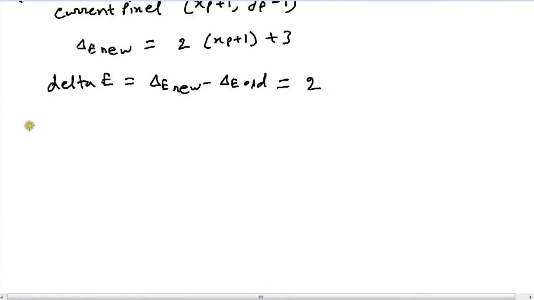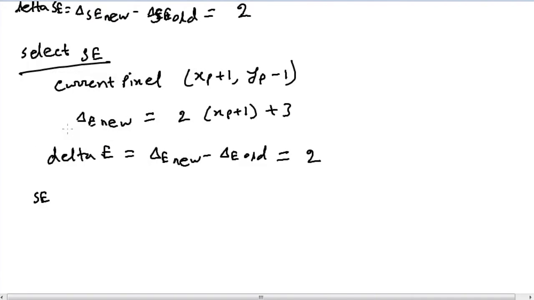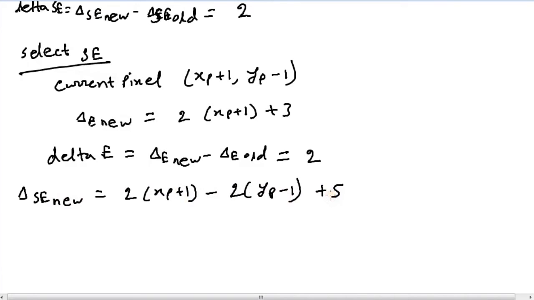Now, if we choose SE, if we calculate del SE new, we get twice XP plus 1 minus twice YP minus 1, plus 5. With me so far? I just substituted XP and YP with XP plus 1 and YP minus 1, since our current pixel has changed from XP, YP to XP plus 1, YP minus 1.